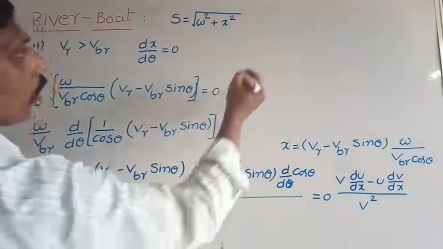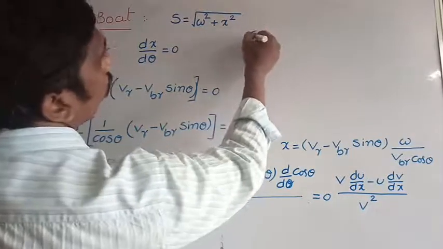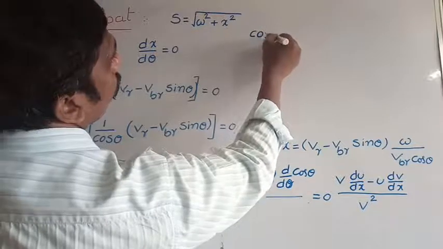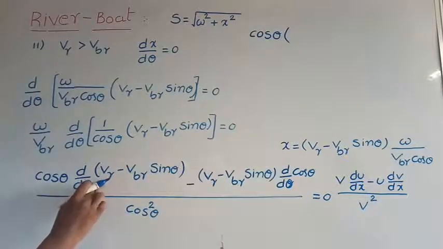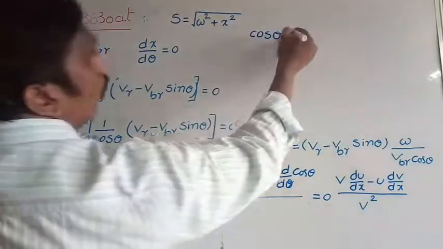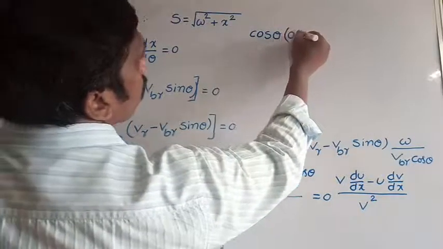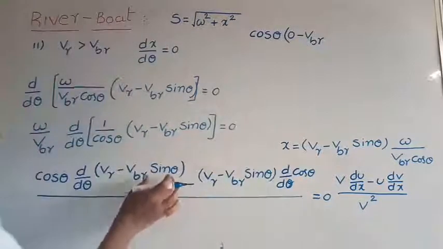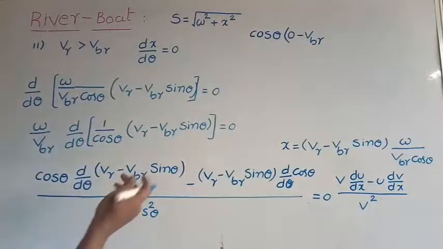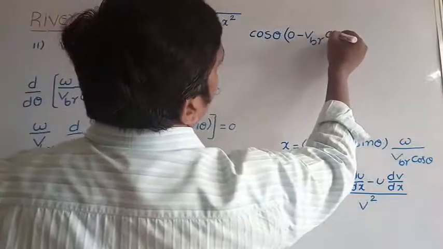So we get cos theta into, here VR is constant, and constant differentiation is 0. So we get 0 minus, VBR is constant, VBR into sin theta. Differentiation of sin theta is cos theta.